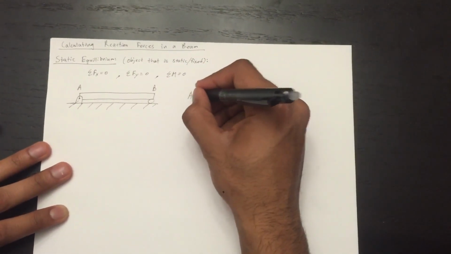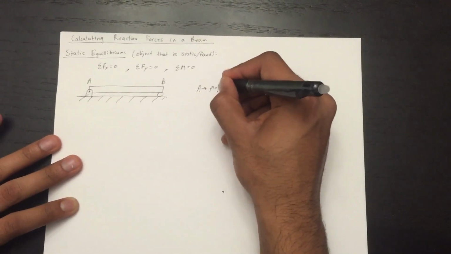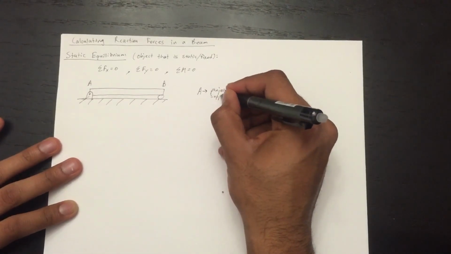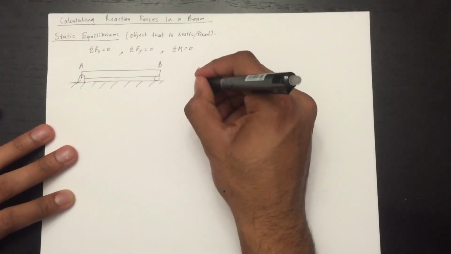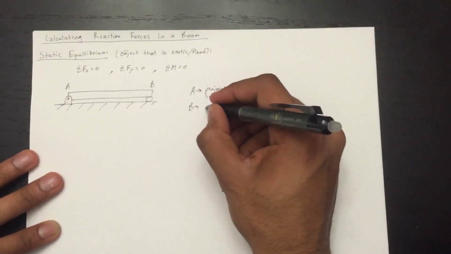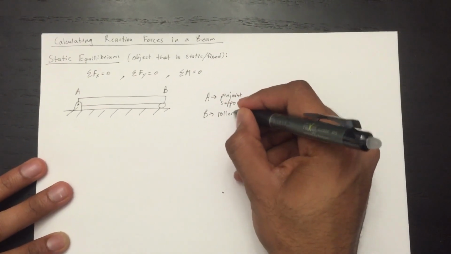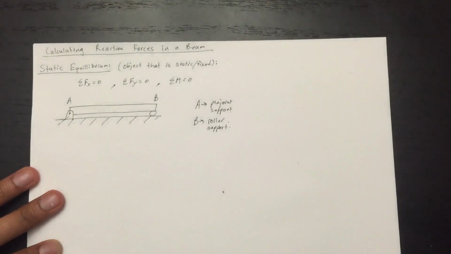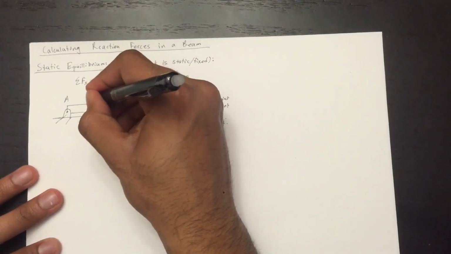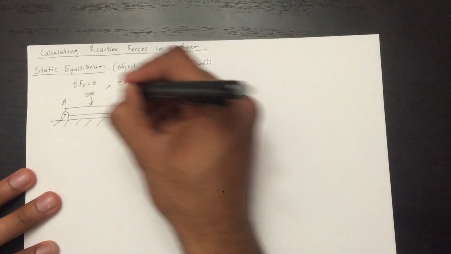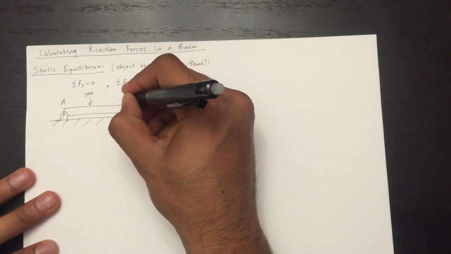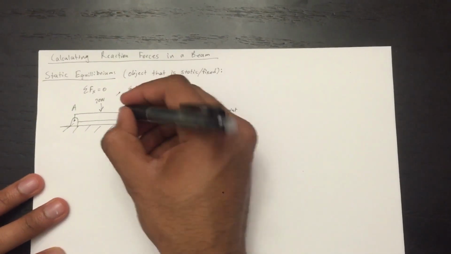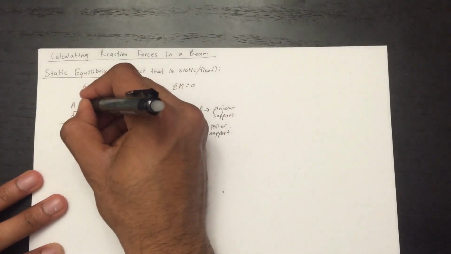All right, so A is a pin joint support. And B is a roller support. Okay, and we're going to have a force of 20 newtons over here and a force of 30 newtons over here. And this distance will be 1 meter, this will be 2 meters, and this will be 1 meter as well.